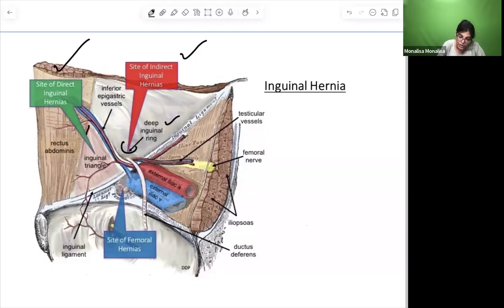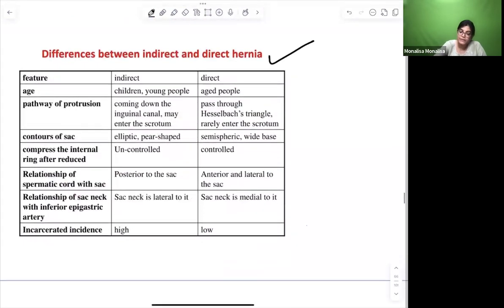If the herniation is direct, it occurs through the inguinal triangle, also called Hesselbach's triangle. The structure forming the boundary between indirect and direct inguinal hernia is the inferior epigastric vessel. Indirect hernia is lateral to the inferior epigastric vessel and direct hernia is medial to it.